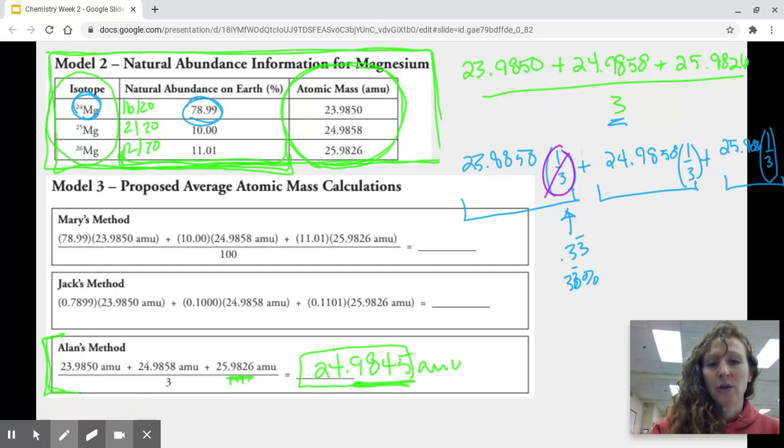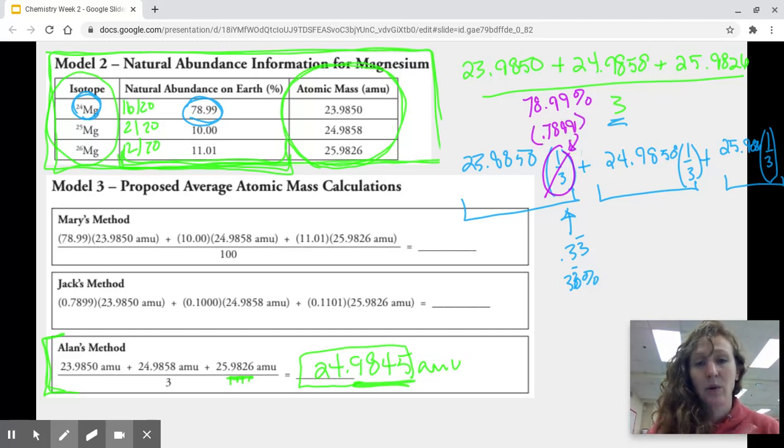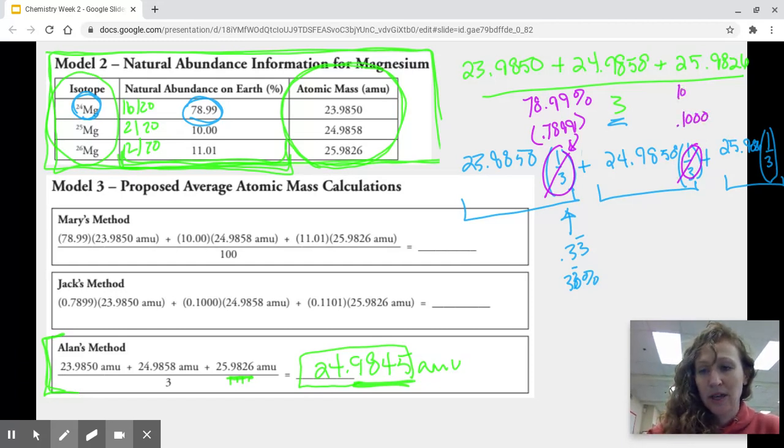So I'm going to do 78.99%, which in decimal form is 0.7899. Okay, so instead of taking 33.3% of each of them, I'm going to take the natural abundance of each of them. 0.1000, so this would be the 10.00%.